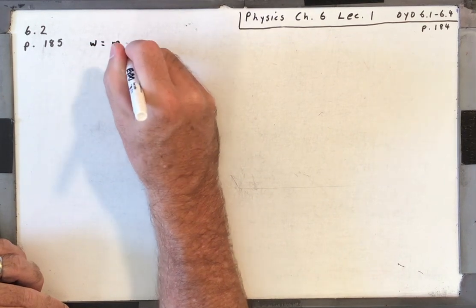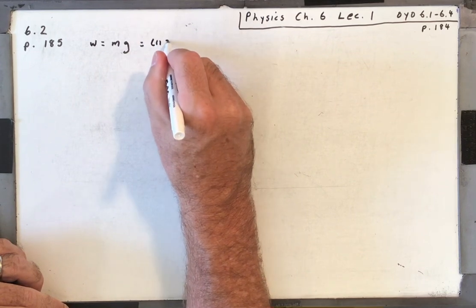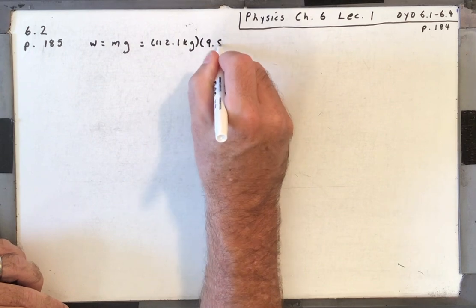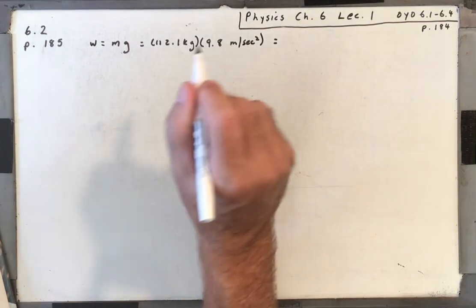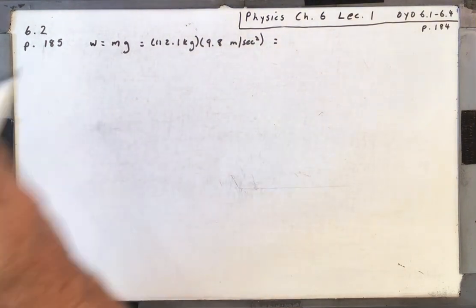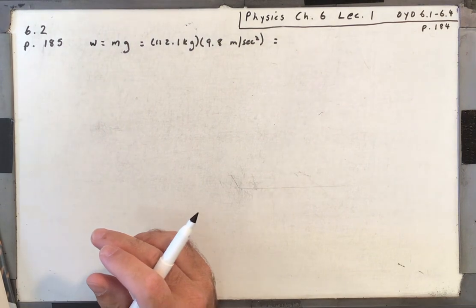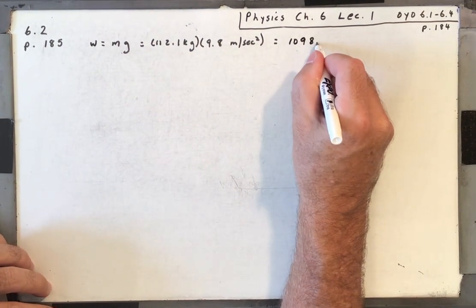So weight is mass times gravity. It's a really heavy sign, 112.1 kilograms times 9.8 meters per second squared. All right, if you run that through your calculator, you're going to get that is 1,098.6 newtons.